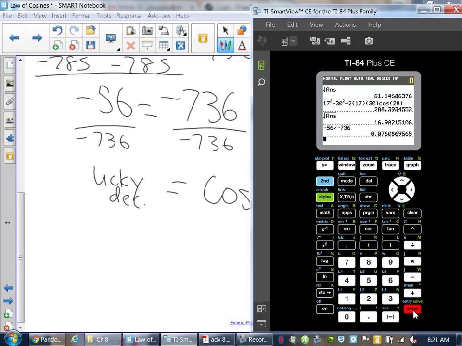You have this ugly decimal, right? 0.07608, whatever. How do you get the angle out of that? Ah, it's not sine, it's second cosine.